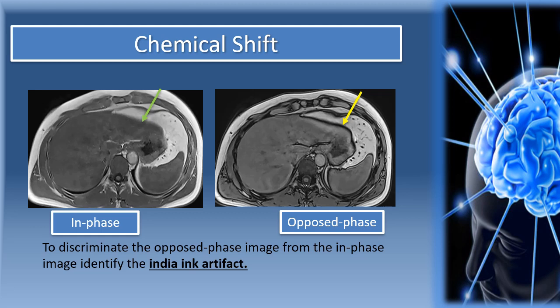This line appears as long as there is an interface between the abdominal organs containing water and the macroscopic fat, and we will discuss the mechanism of its formation later. So this is an example of the chemical shift sequence, with its two phases and two components.